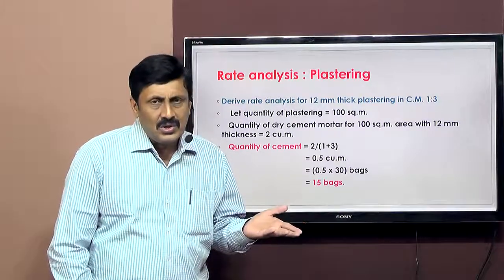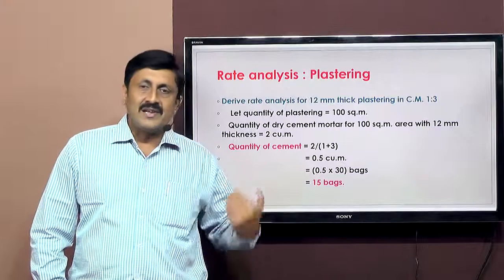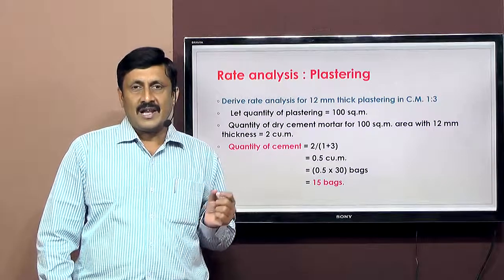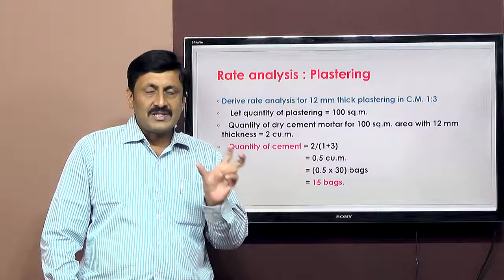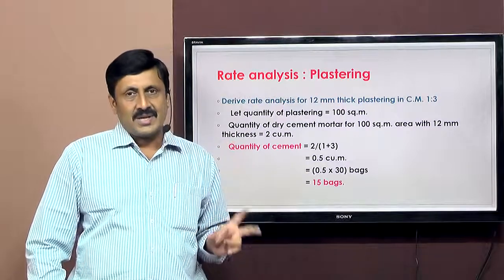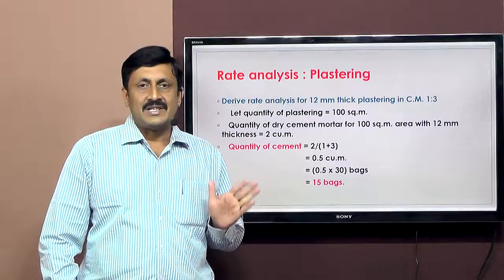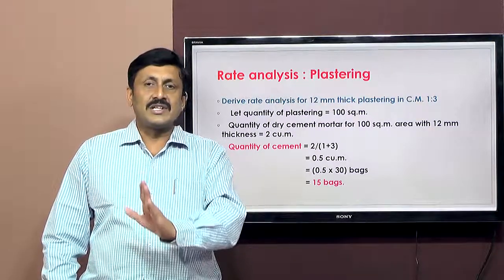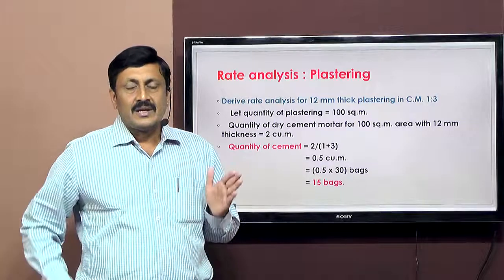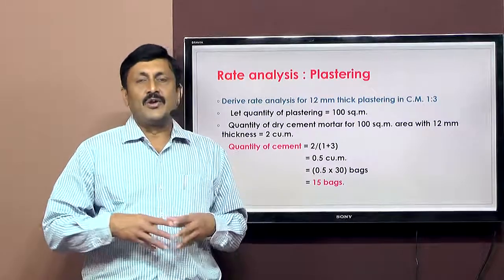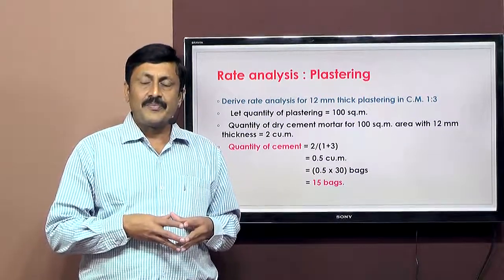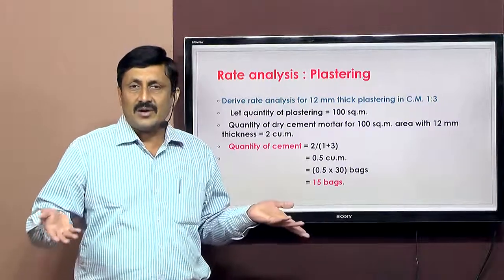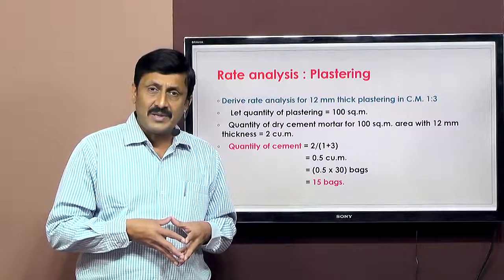As we discussed earlier, we should follow the procedure of rate analysis. The first step of rate analysis is to understand exactly what kind of construction item this is. If it is a volumetric item, you have to assume the quantity as 10 meter cube. If it is an area based item, then you have to assume the quantity of that item as 100 square meters.